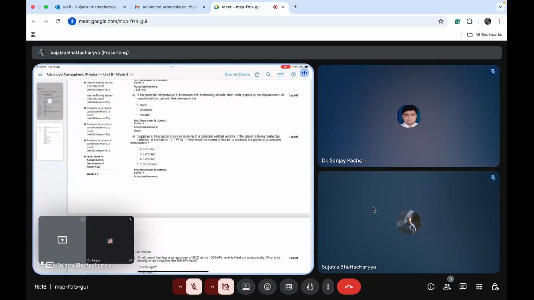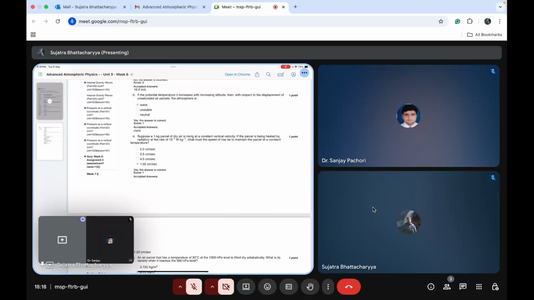Fourth, suppose unit mass, so a 1 kg parcel of dry air is rising at constant vertical velocity. If the parcel is being heated by radiation at this rate, what must be the speed of rise to maintain the parcel at constant temperature? That's the question. Let us read it again.